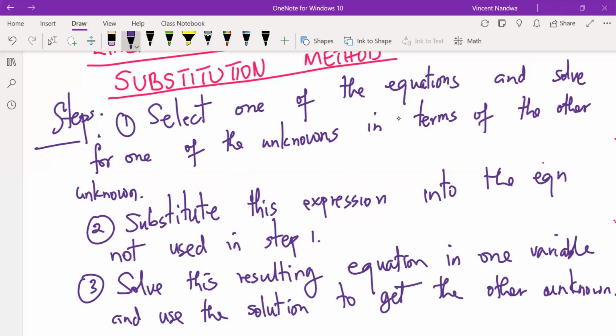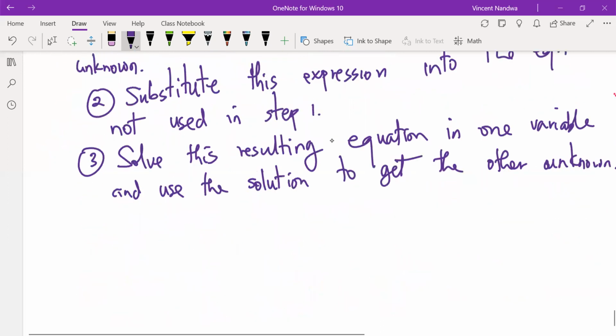So now let's demonstrate how this works on a specific example.